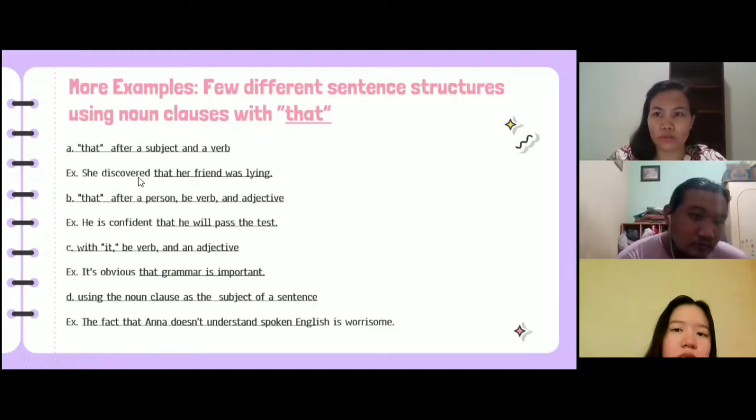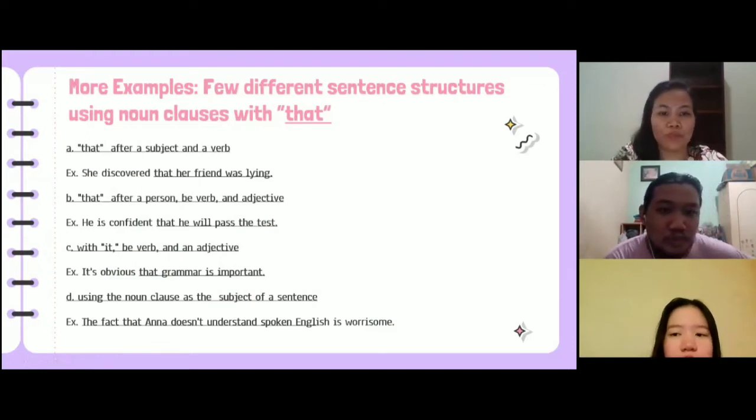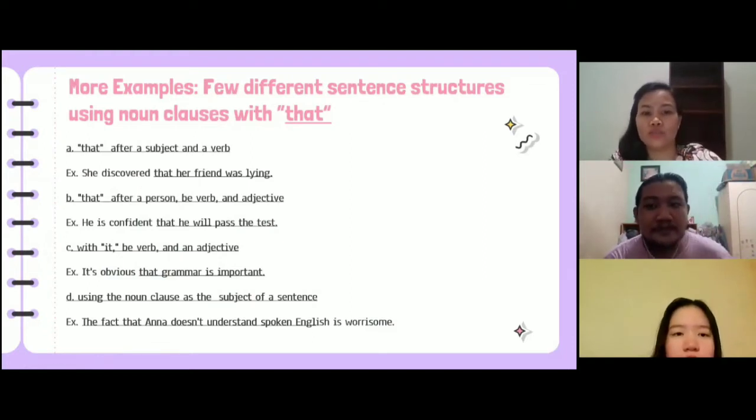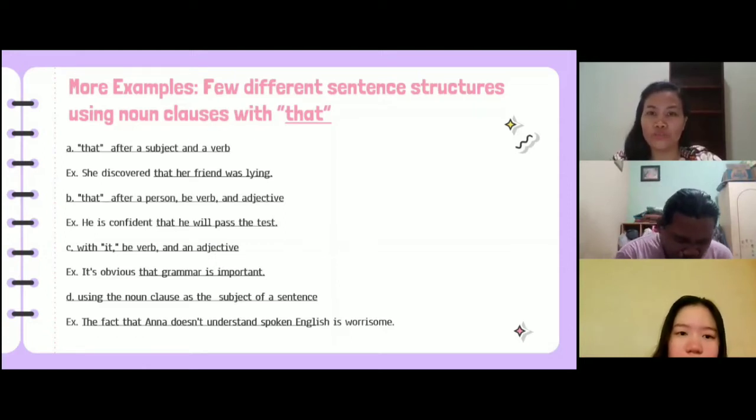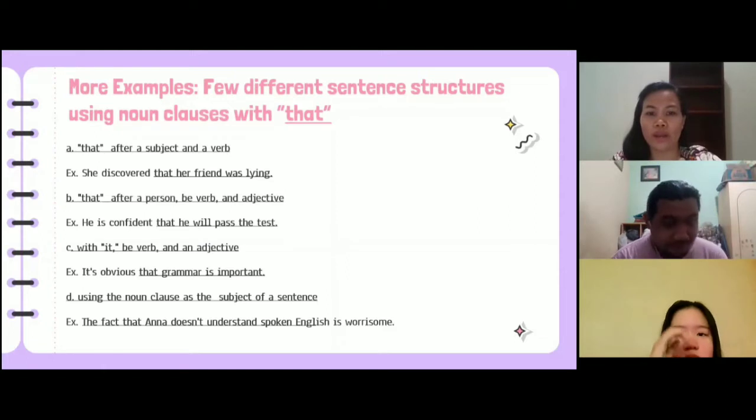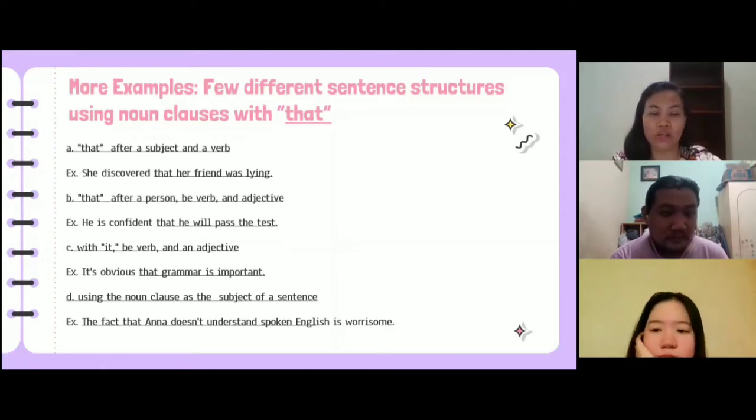So we're going to talk about noun clauses, and I will cite more examples that use the subordinating conjunction that. And we're going to look at a few different sentence structures where we use these noun clauses.